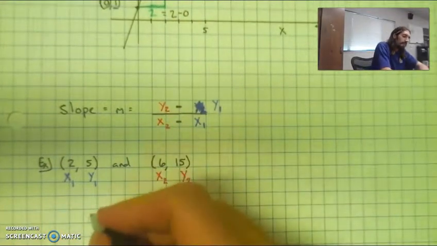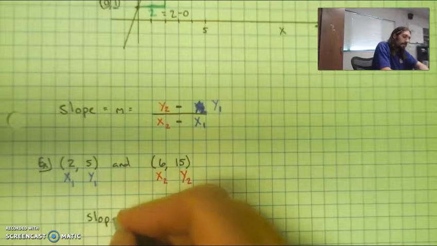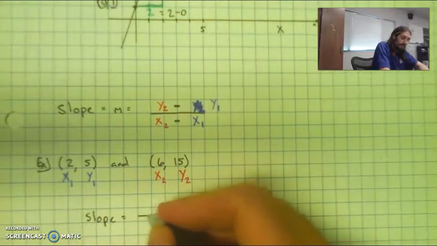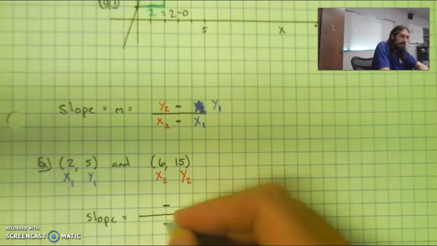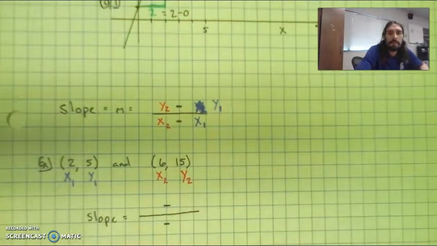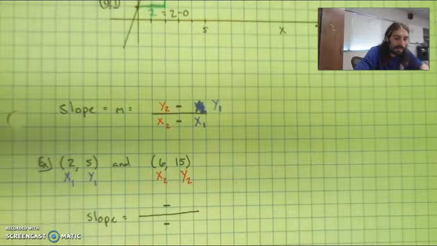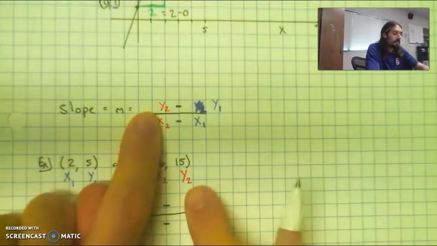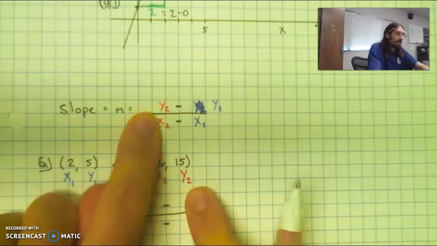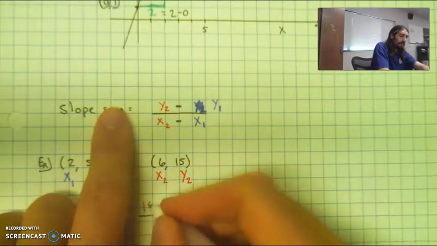So we have that slope is going to have this division bar, and it's going to have subtraction on top and subtraction on bottom. So I'm going to start by writing that every time. And now all I have to do is plug in the numbers where they go. So right here, the first number I have is y2. So in the first position, I'm going to have the number 15.